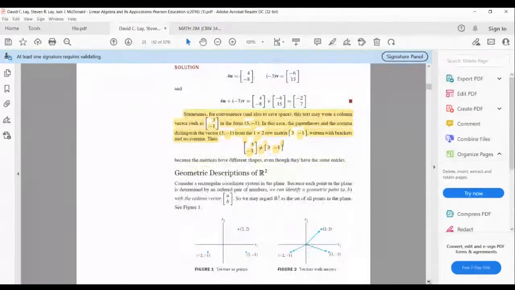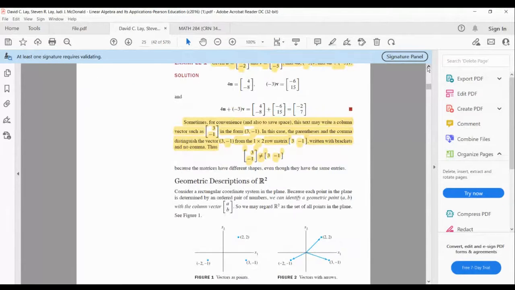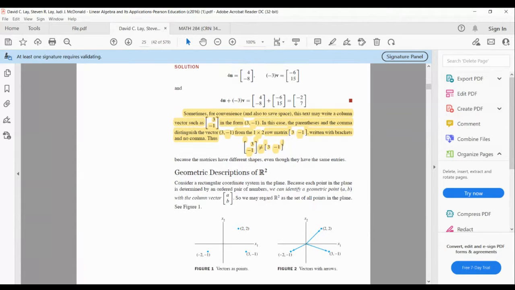And they talk about geometric descriptions here of R squared. There they have some coordinates, and they've drawn some vectors to the coordinates. So remember, I think most of you probably have seen them before, but vectors have direction and magnitude, direction and length.